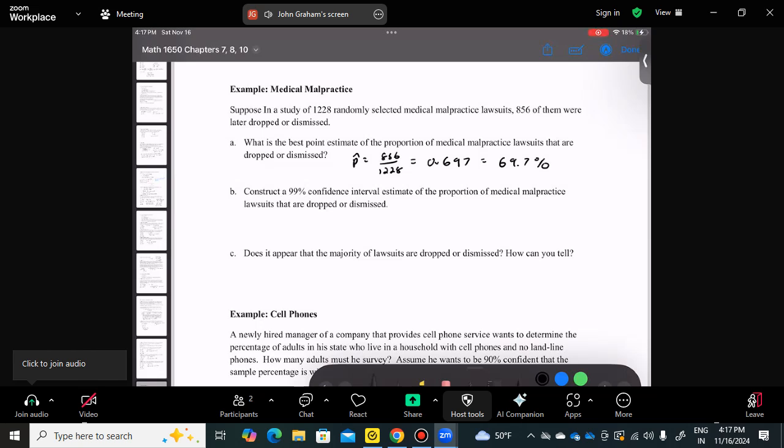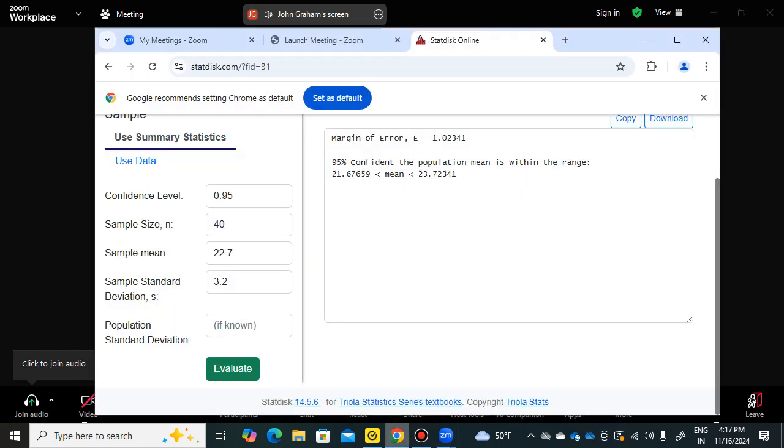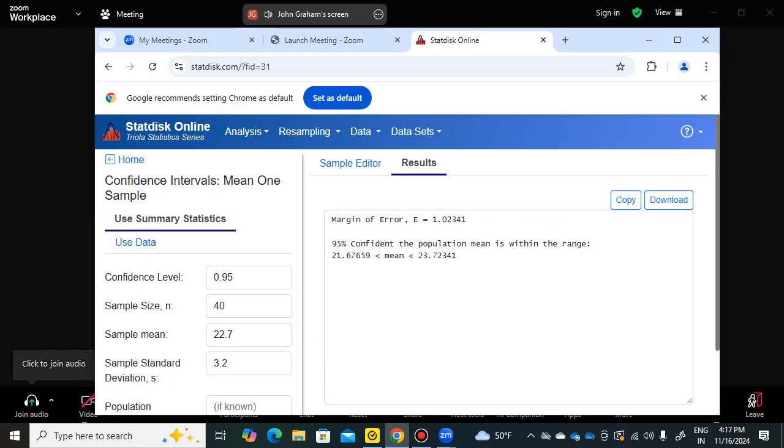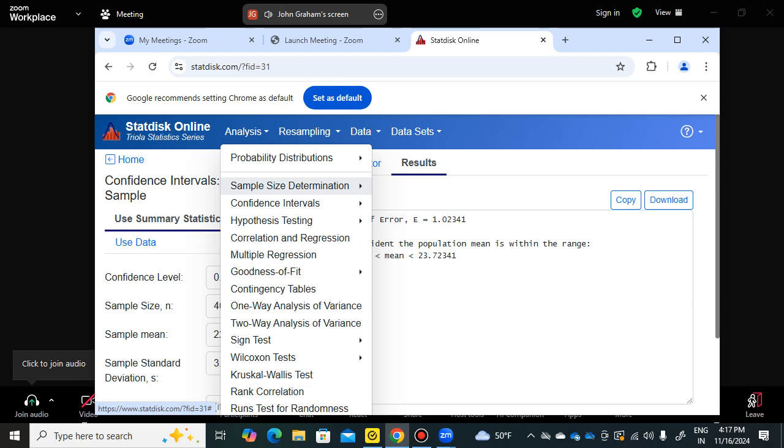We want now a 99% confidence interval. So again, we're dealing with a proportion. The number of successes is 856, the sample size is 1,228, and the confidence level is 0.99. Now we're in mean one sample, so we have to switch this.